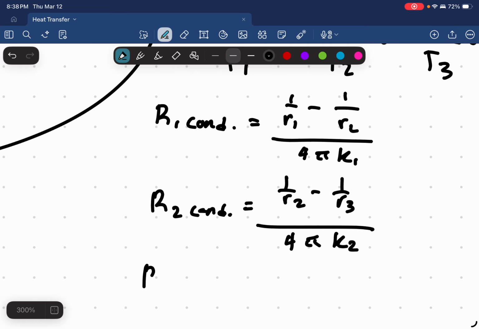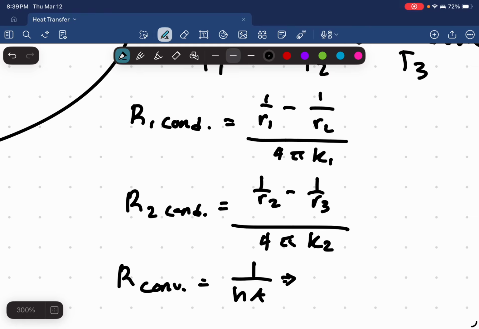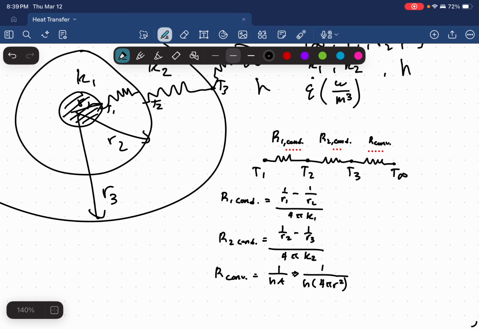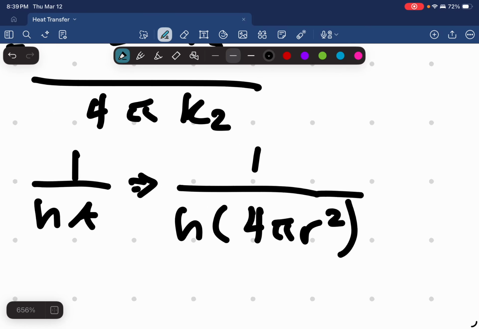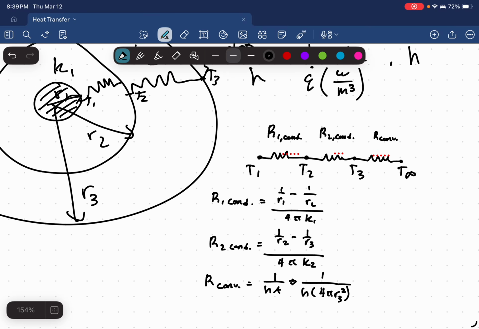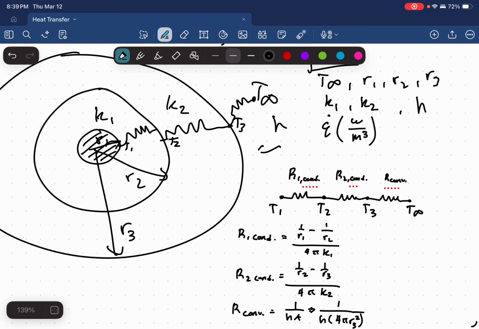And then for the third one, it's convection. Let me just write convection. This is 1 over HA, where the area is the surface area of the sphere. So 1 over H times 4 pi R squared. And this radius is going to be radius 3, because the convection is only affecting the outer radius, which is radius 3.